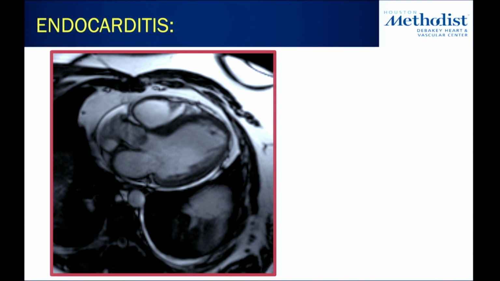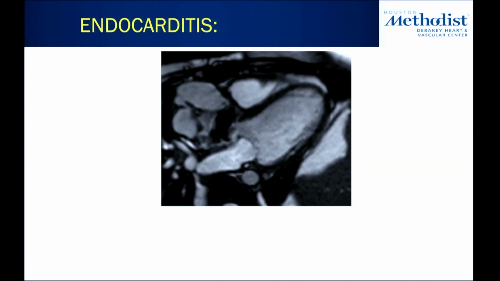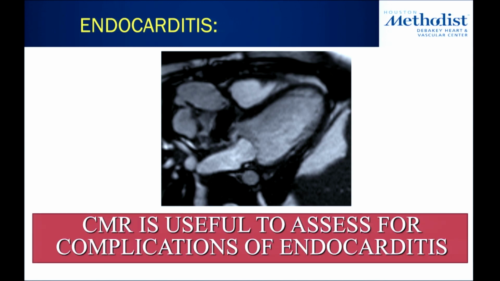If you see it, it's fine, but if you don't see it, it doesn't exclude the presence of endocarditis. You can use MRI to look for the consequences, whether it's the regurgitation that can occur as a consequence of endocarditis, or things like abscess, dehiscence, the mechanical complications. That's an area where MRI could be useful, but not to make the diagnosis of endocarditis.